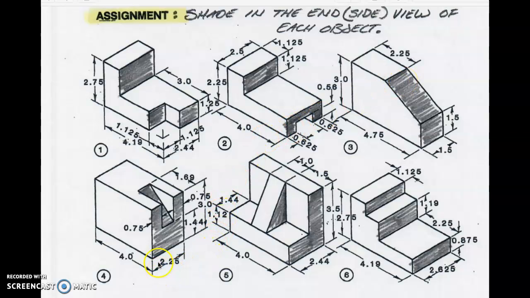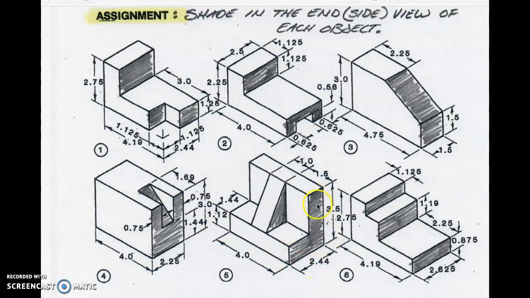Number 4 is going to look like a U shape, and this is where it gets deceiving. This angle, this slope going back is not higher than the top of the side view. So you'll see the U shape and then a skinny rectangle. This does not project and go above the height of the side.